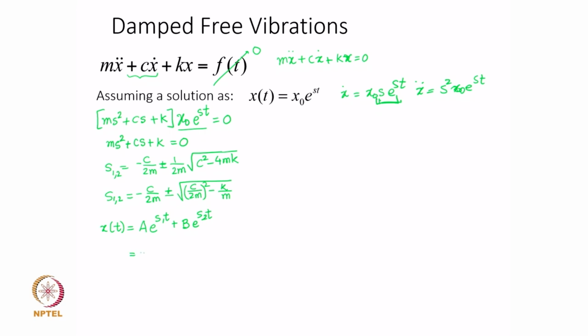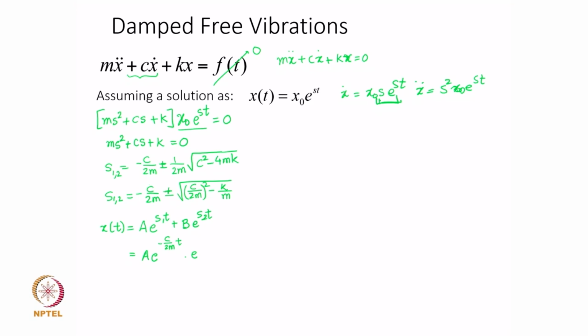Now, I can write this as a e to the power minus c over 2 m t. I am basically splitting this part and this part for even S1.